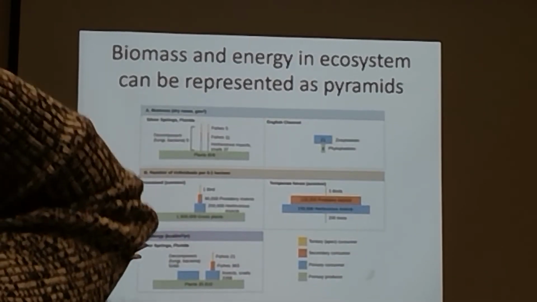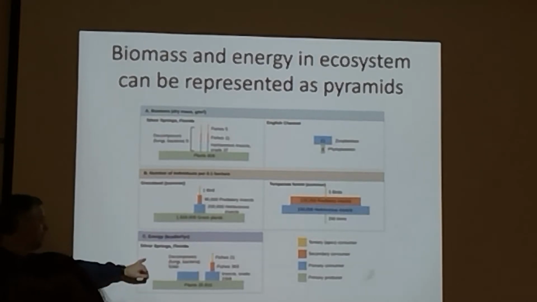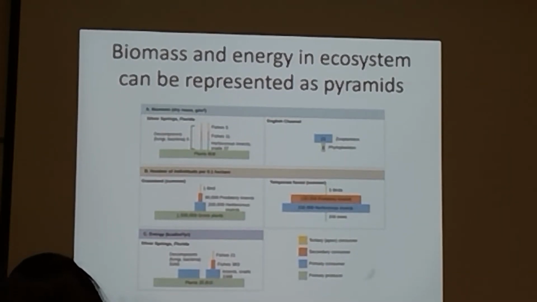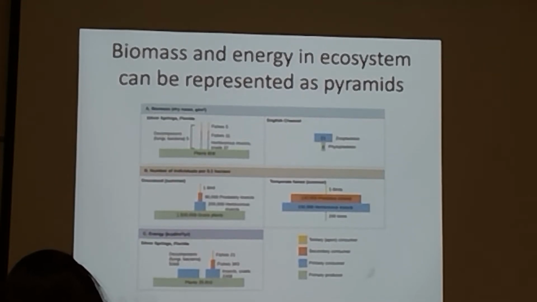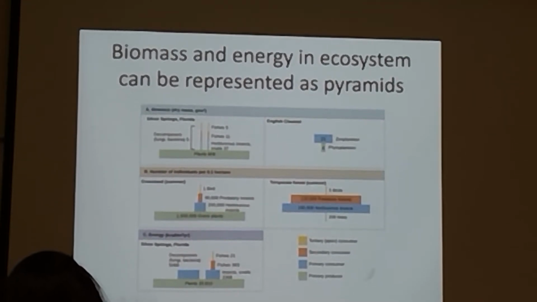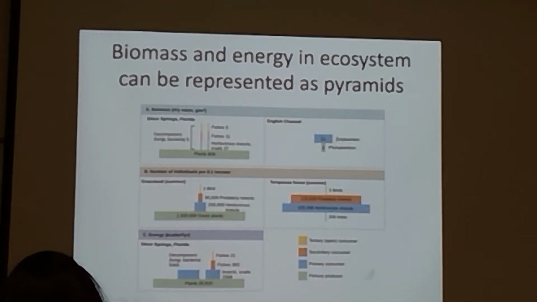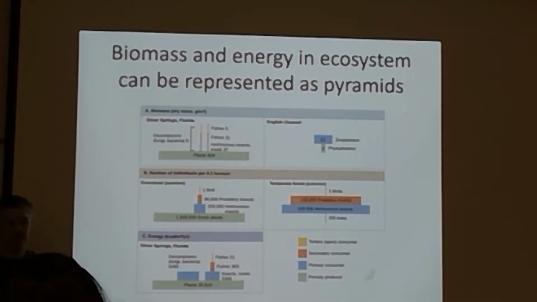However, an energy pyramid is going to have the amount of energy available per unit area, so per square meter, but there's also going to be a time component, so per day or per year. It's going to indicate the rate at which energy is being produced in that system. Not just the amount that you find now, but the overall rate of productivity in that system.